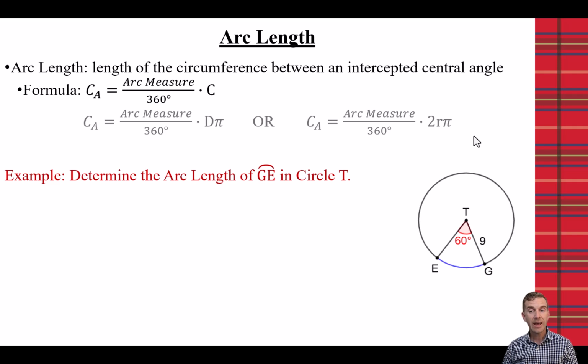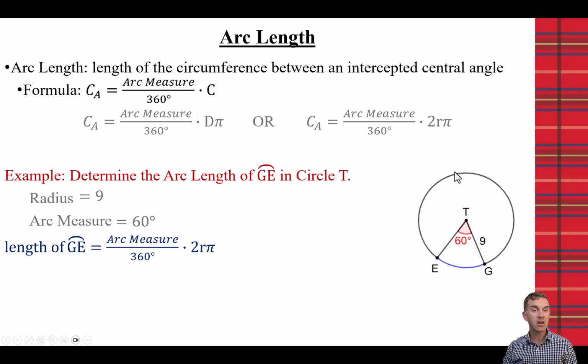So if I have this example here where they say, let's determine the arc length of GE in circle T. Let's go through and mark the parts I know. I know the radius is 9 units. I know the arc measure would have to be 60 degrees because the central angle is 60 degrees. So now I can use my formula and use the one that has the radius. I can say that the length of arc EG is going to equal that arc measure over 360 times 2r times pi.